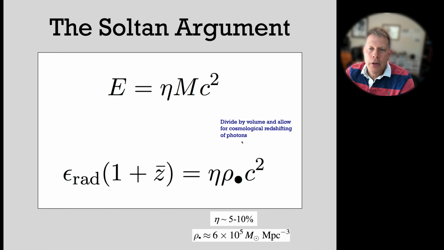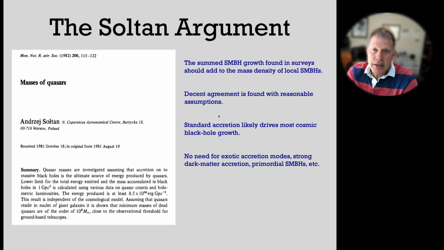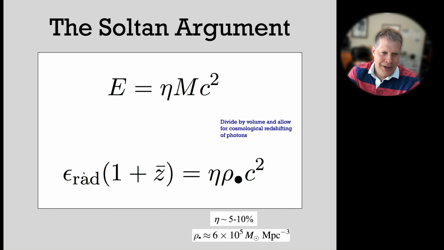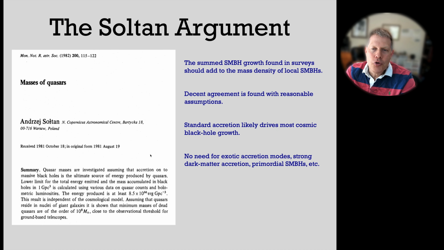This is useful because it indicates that the standard accretion-driven growth of black holes likely is capable of driving most cosmic black hole growth. You don't need some exotic way of making supermassive black holes that doesn't produce radiation. You don't, for example, have some need for an exotic accretion mode that doesn't produce much radiation, and that makes a lot of black hole growth.